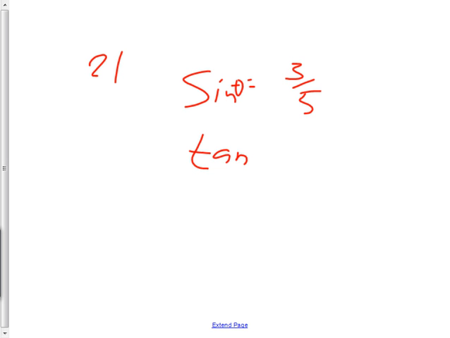Remember, on number 21, it's saying, given that sine is 3/5 and tangent is less than 0, what are they trying to say there? It says sine is 3/5. Think of it this way. Sine is positive then, isn't it? And when they say tangent is less than 0, clearly they're saying that tangent is negative.